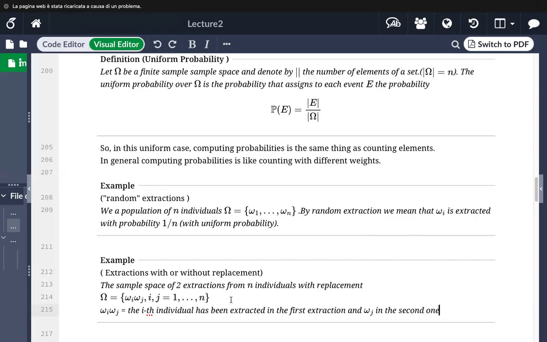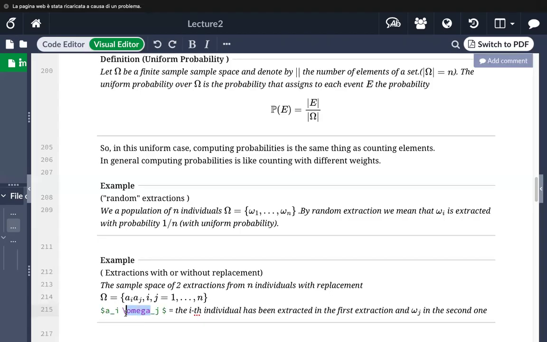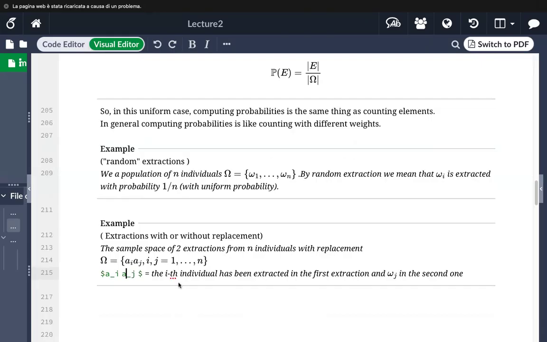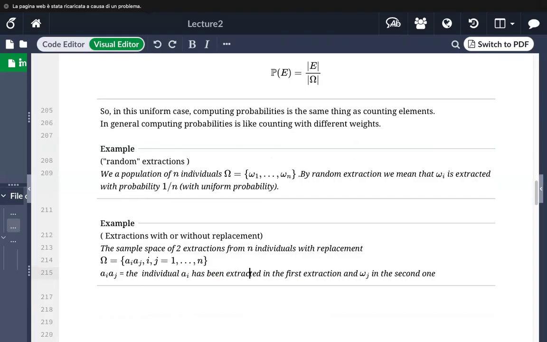So here I'm making a mess with the notation, because here the omegas are not the elementary events, so I should call it maybe A_i, A_j. So the individual A_i has been extracted in the first extraction, and the individual A_j in the second one.